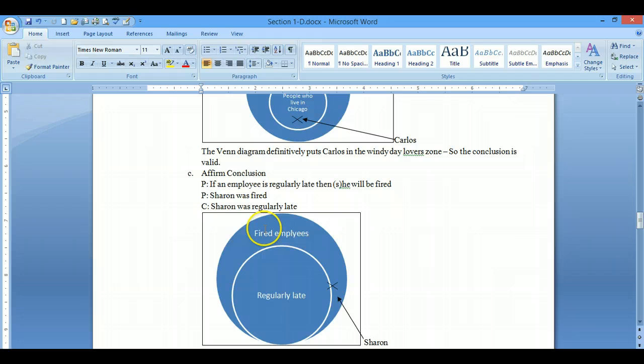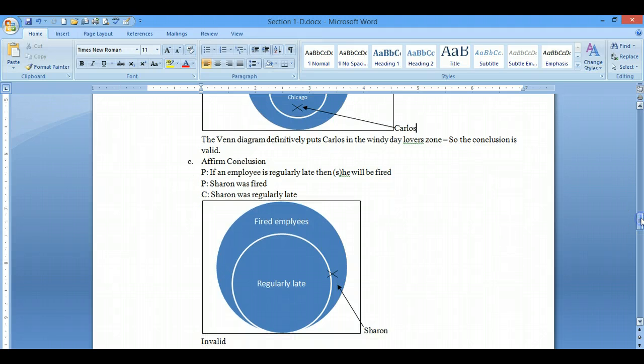She can be in here, or she could be in here, but I did not definitively put her with my argument into the regularly late set. So, is this valid? No, affirming the conclusion is not a valid argument, and we just proved it by using our Venn diagram, our visual.